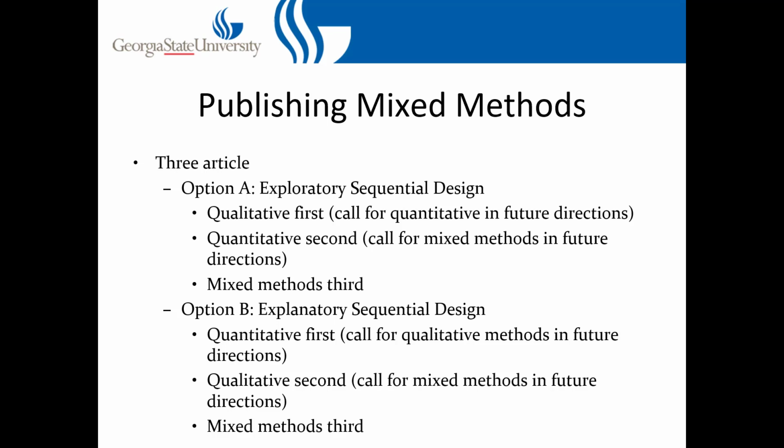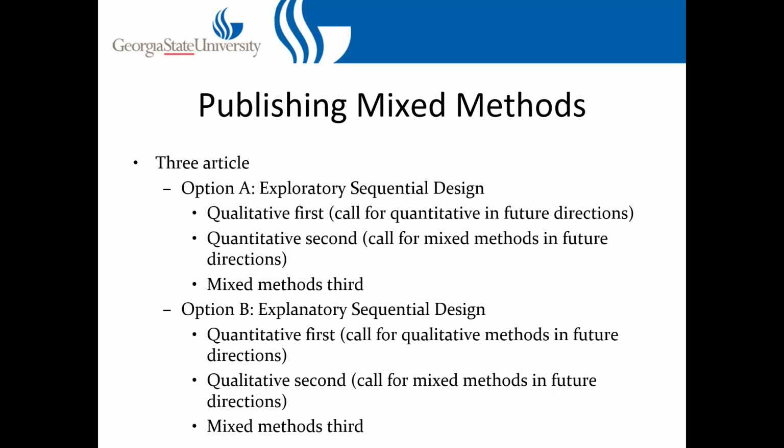If you're writing a concurrent design, some people publish the qualitative and quantitative at the same time. They submit those very close to each other, and then they publish the mixed methods later. But if you want to draw a thread through your research and really show that you're establishing yourself in a field, you want to always call for the next study in your future directions.